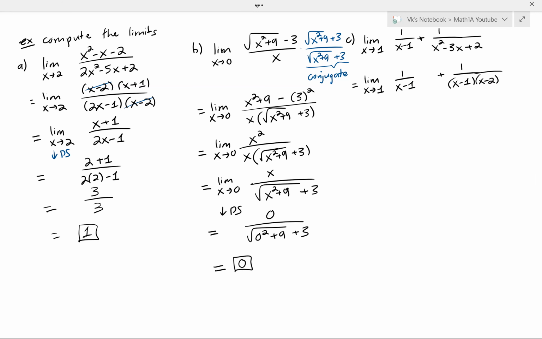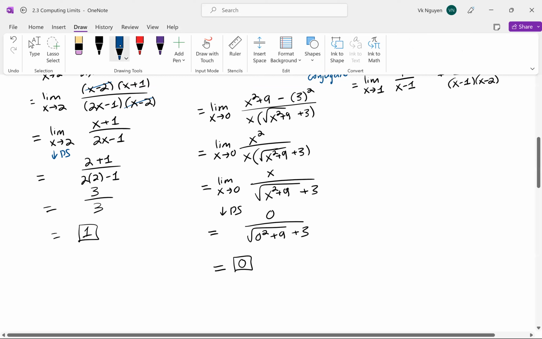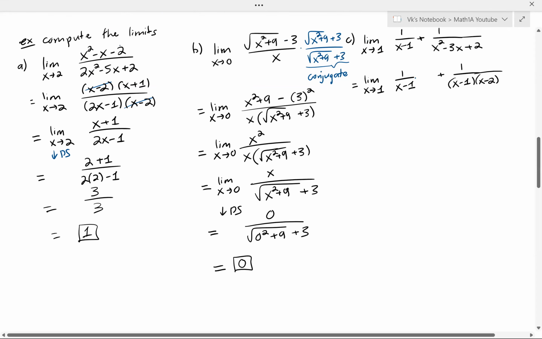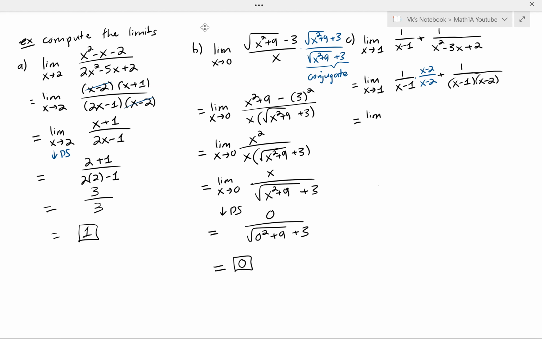And so we can get a common denominator here by multiplying the first rational expression by x minus 2 over x minus 2. Limit x approaches 1 of x minus 2 plus 1 over the common denominator x minus 1 times x minus 2. That is x minus 1 over x minus 1 times x minus 2.